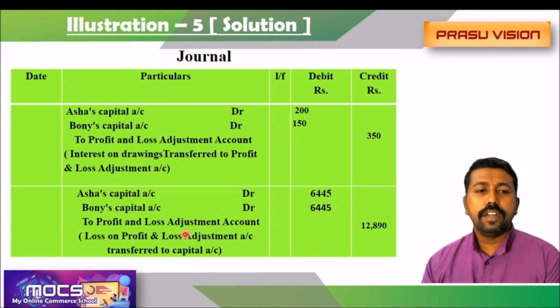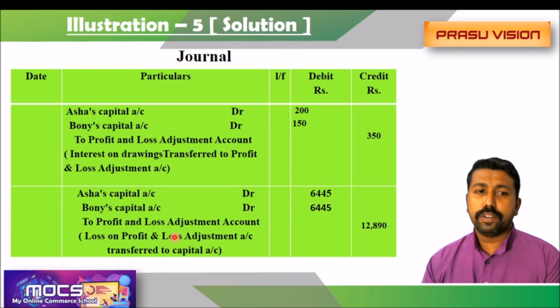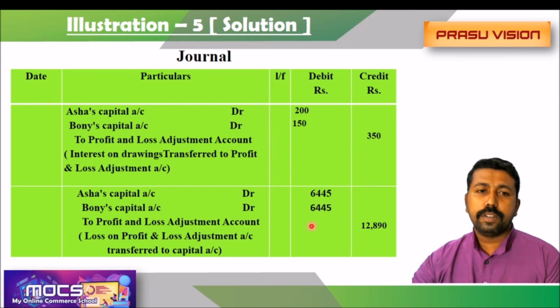The balance in profit and loss adjustment account is loss, and it will be shared between the partners Asha and Boni equally. So the amount of loss will be 6,445. This is the adjusting entry separately passed for each item omitted in the partner's capital or profit and loss appropriation.